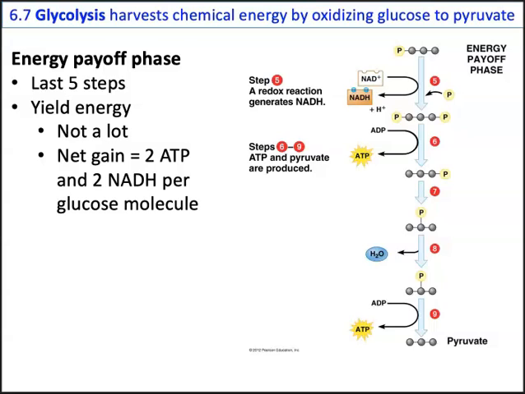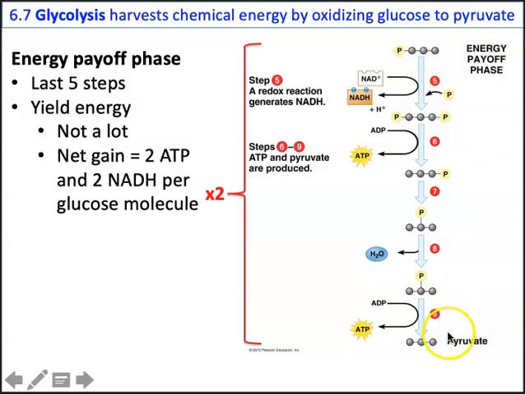But then we also get the 2 NADH that we got per glucose molecule. So remember, this energy payoff phase is going to happen twice because at this point we've already broken glucose down to a 3-carbon organic molecule. So each of those 3-carbon molecules goes through this, and we end up with then 2 molecules of pyruvate at the end.